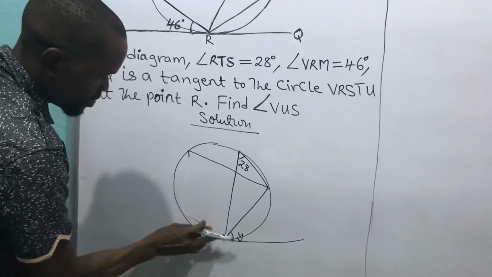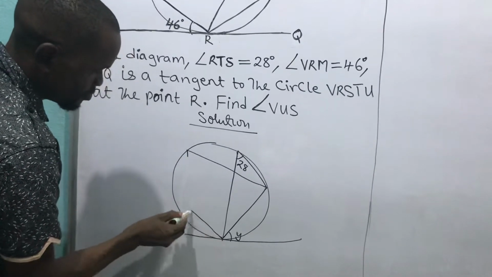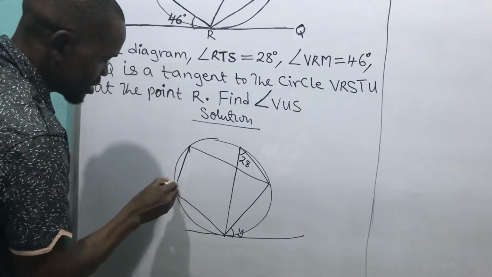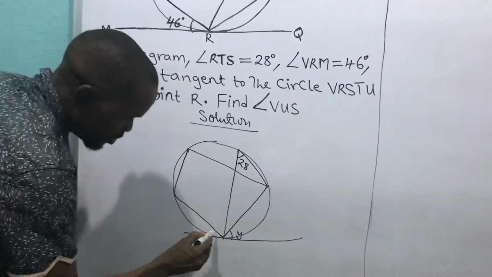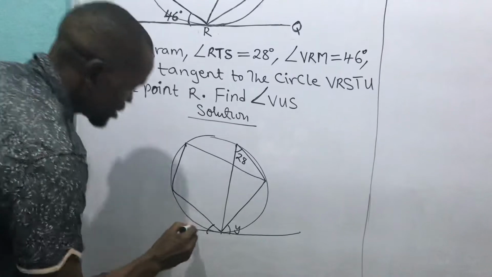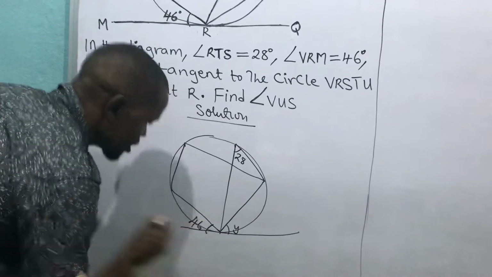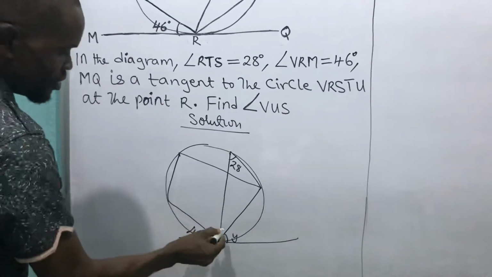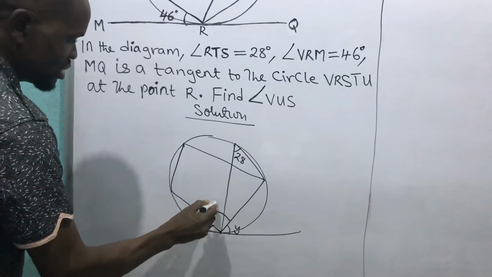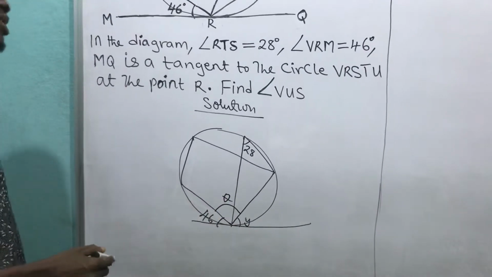Let's draw it properly here. I have this angle here, I call this angle, as they gave it to us, 46. And also, I can now make this angle theta.